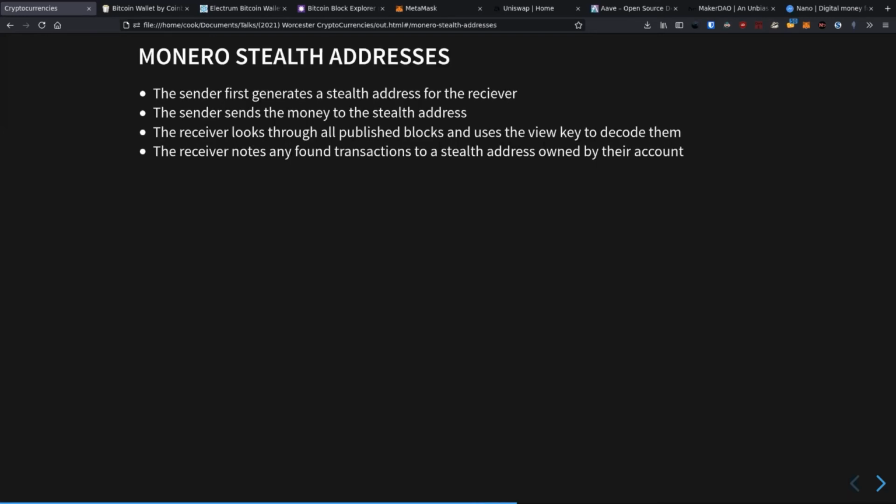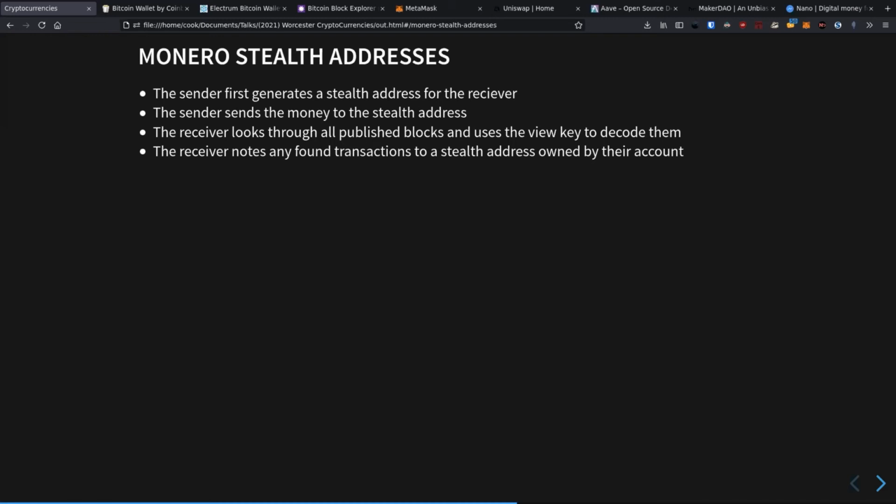So stealth addresses are a way that Monero obfuscates transactions. If I will send you money, or Monero, I generate a random address for you known as a stealth address, and I send the money to that address in a block to the blockchain.